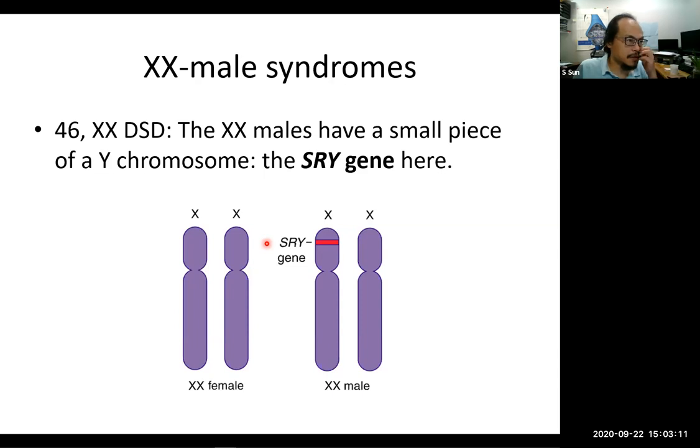And this is the result of the crossing over that Y chromosome cross over their SRY gene into X. So in this situation, the karyotype show you double X, but it's a male. It has the SRY gene and it promotes the development of the male structure. So this is called XX male syndrome.